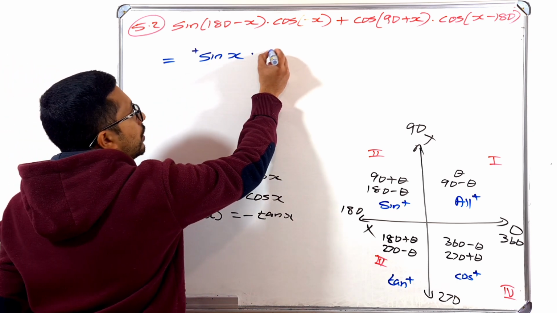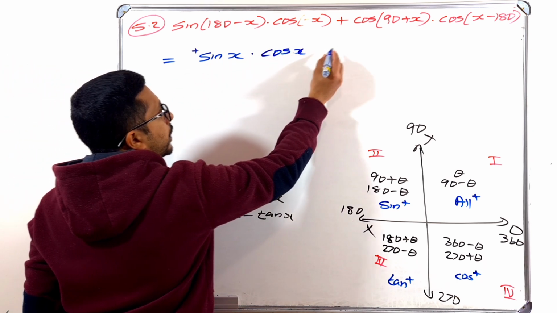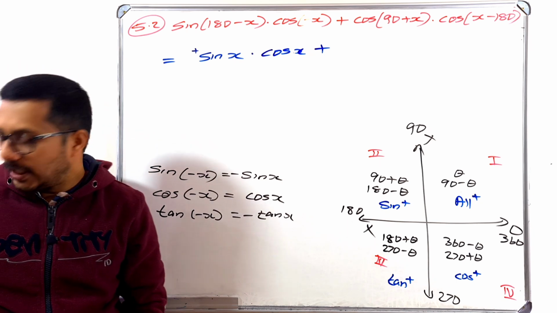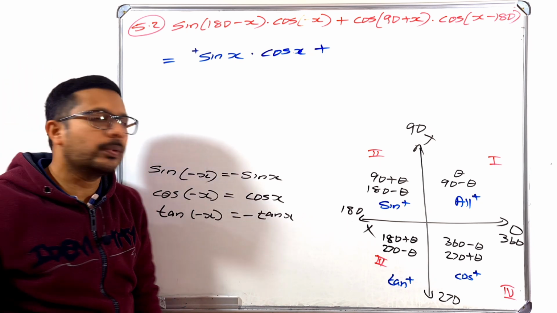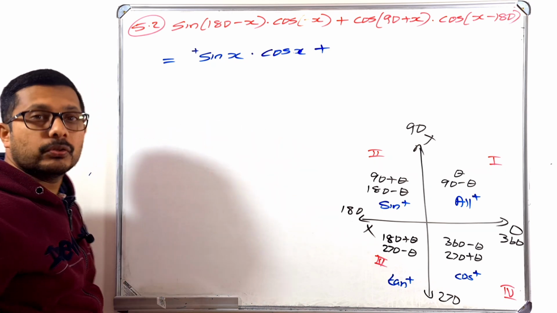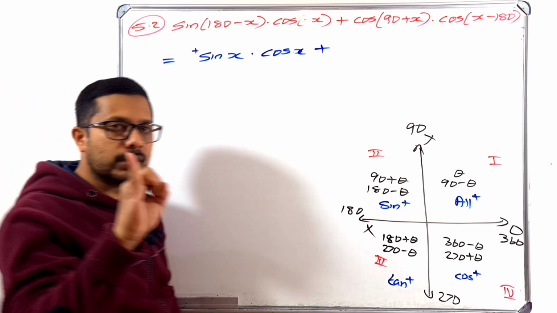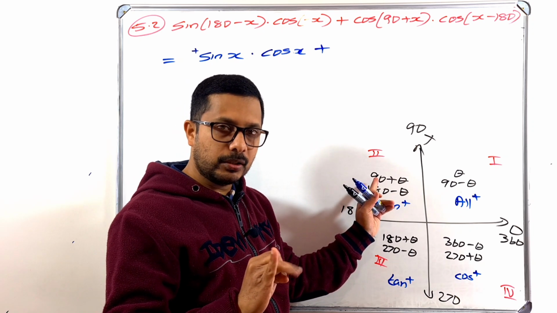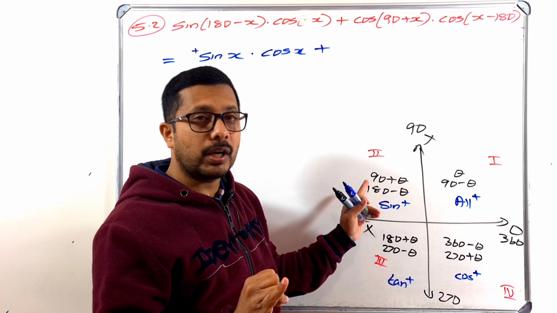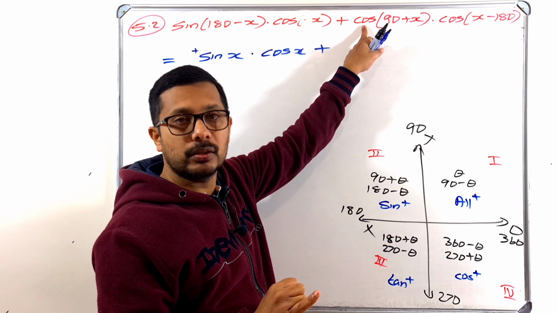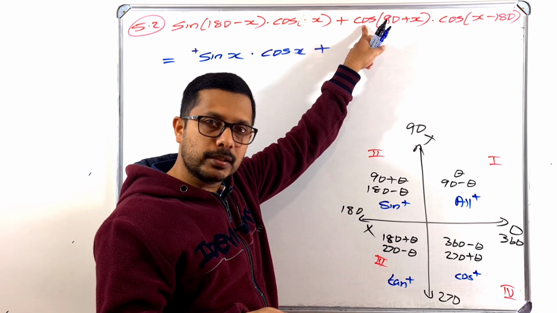So cos of minus x is positive cos x. Again a reduction formula: cos of 90 plus x. 90 plus x is in which quadrant? You have to ask yourself like this. 90 plus x is in the second quadrant. In the second quadrant, what is positive? Sine is positive. Here we have cos, so it is negative.